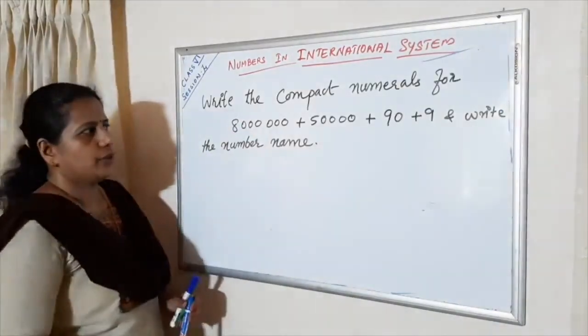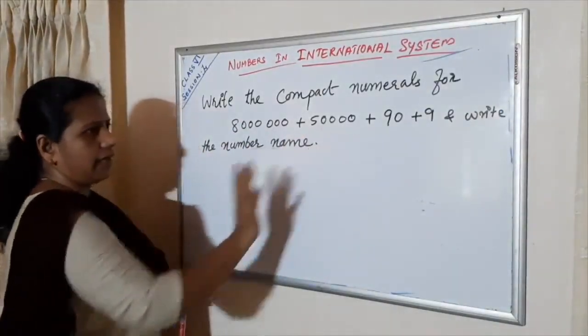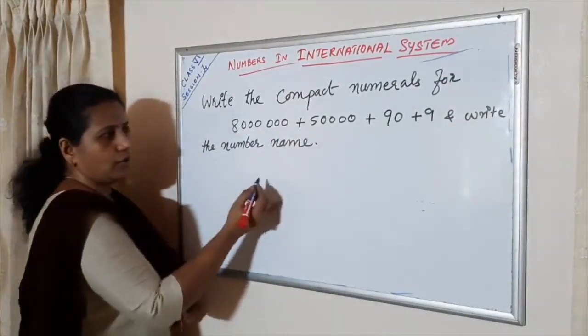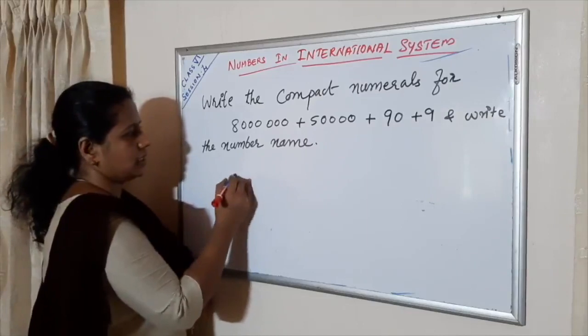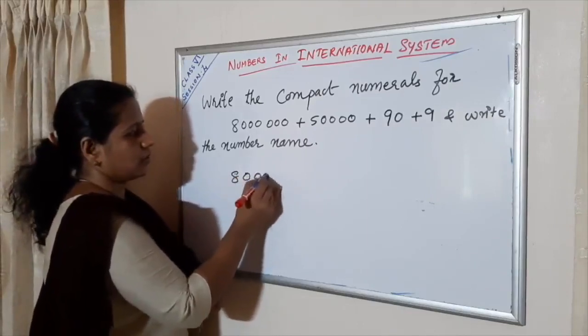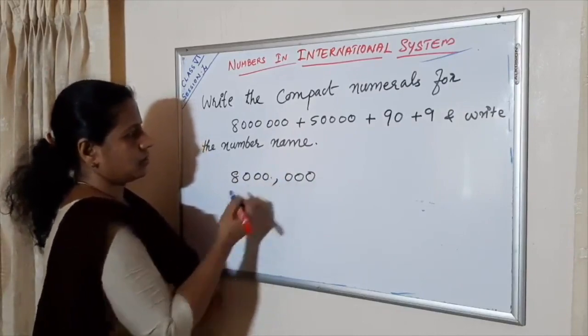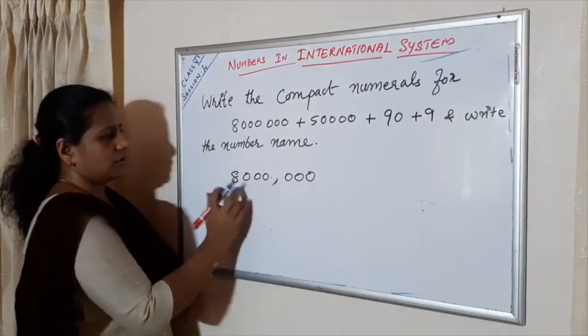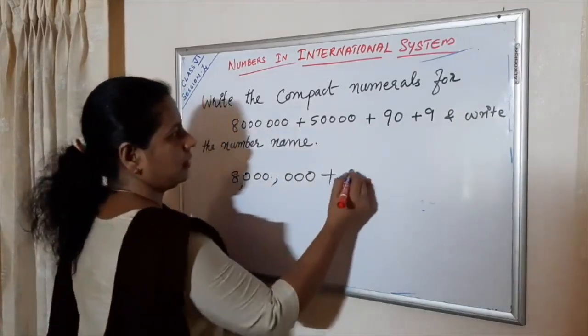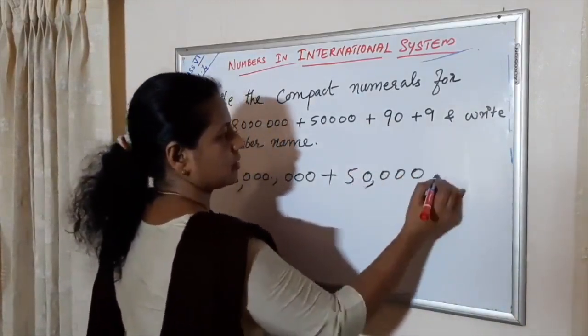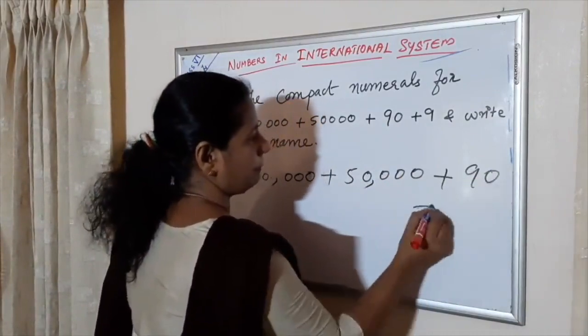Write the compact numerals for this one and write the number name. First you want to insert comma and write. Then next one 5 1 2 3 4 after 3 next one 90 plus 9.